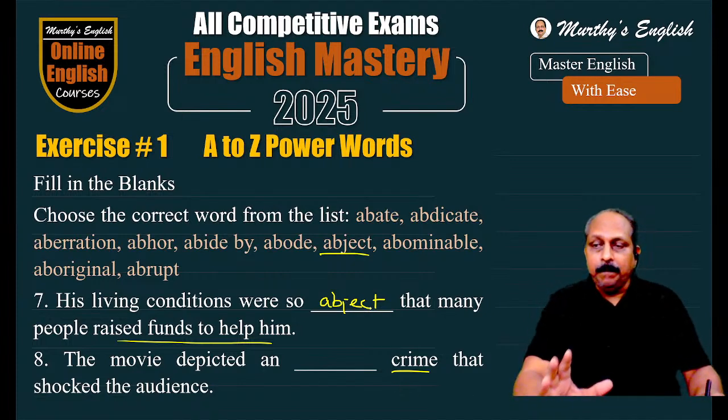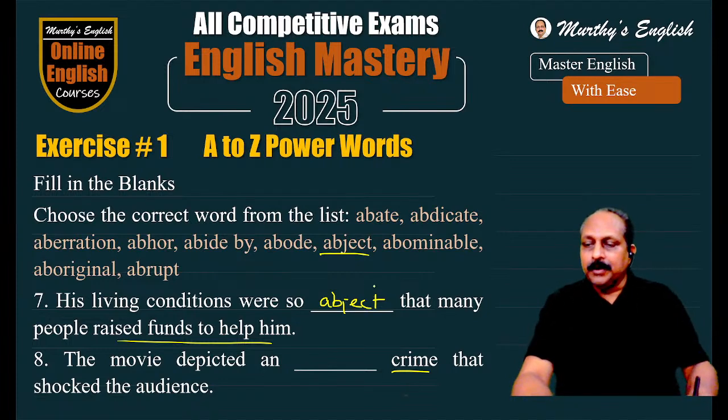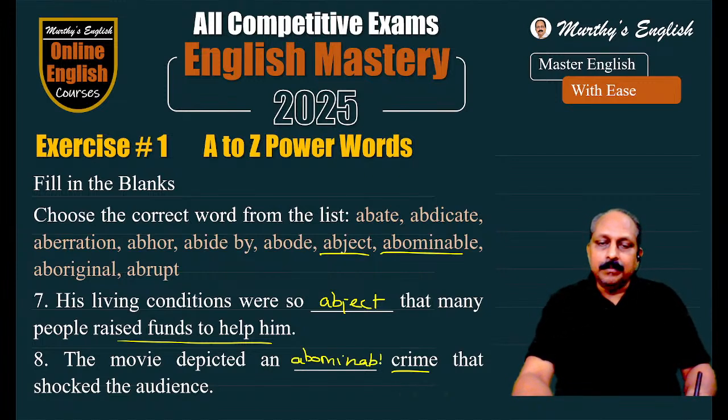Word form is also important, do remember. Very good. Tripura Sundari got it right. Abominable crime. So, what is the right word here? Abominable crime. Very unpleasant, something not at all acceptable. Chandu Naik also got it right.